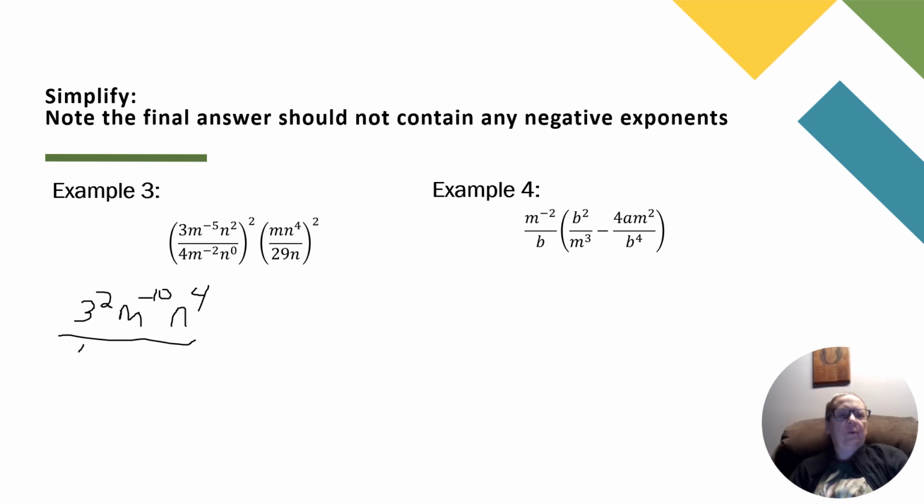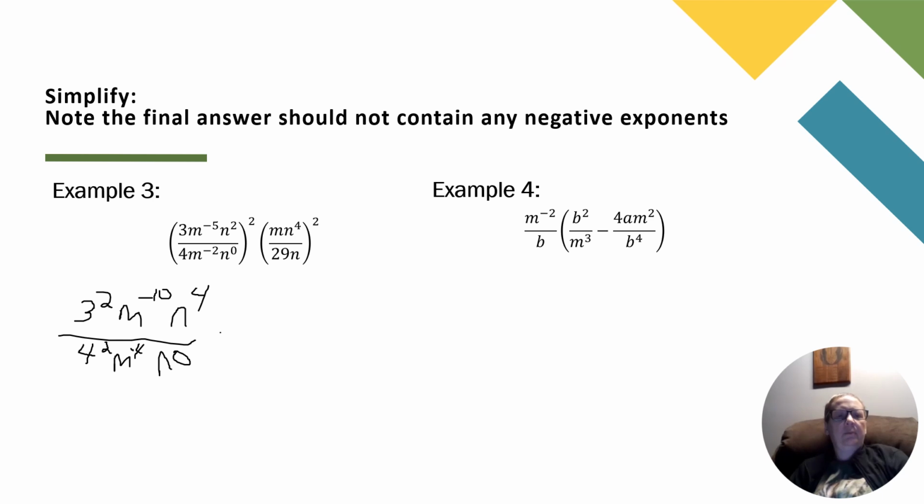And then I have 4 squared in the bottom. You can go ahead and do those right away if you want. I'm just writing them out. M to the negative 2 to the 2 is negative 2 times 2, which is negative 4, sorry. And then 0 times 2 is just 0.